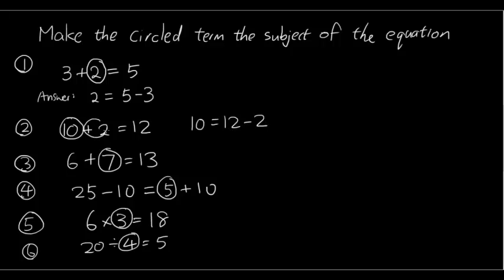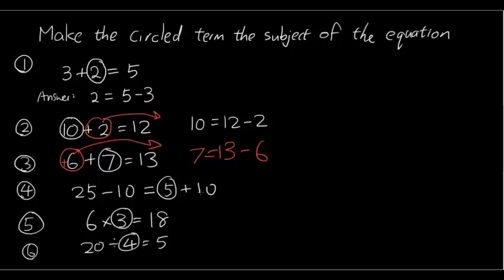All we've done is move the 2 to the other side, so that became minus 2. We want to move the 6 to the other side, so this is a positive 6, and when we move it to the other side it becomes minus 6. So 7 equals 13 minus 6.